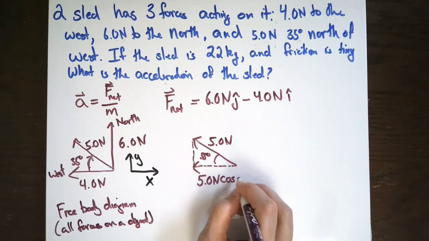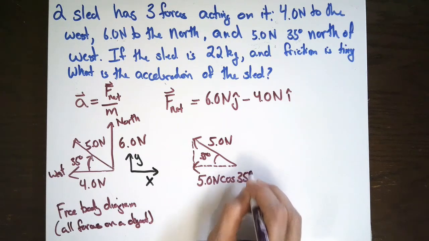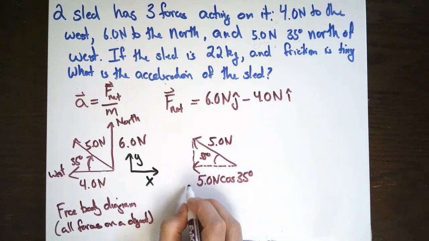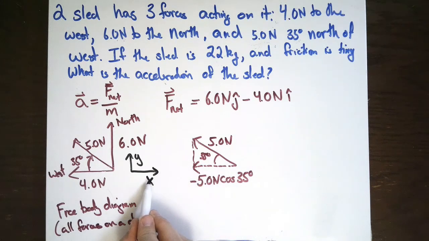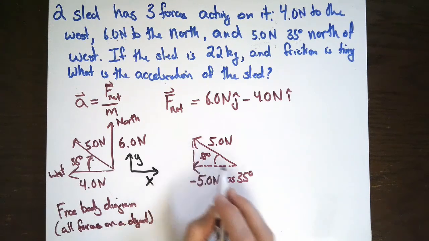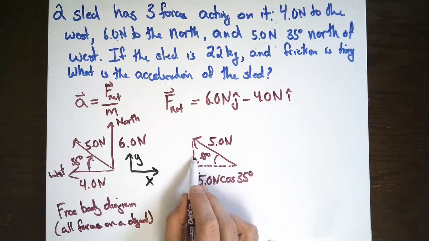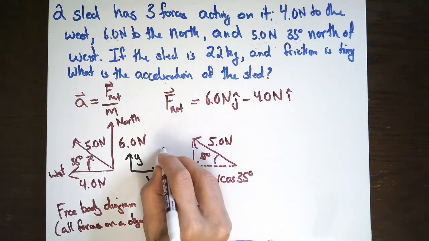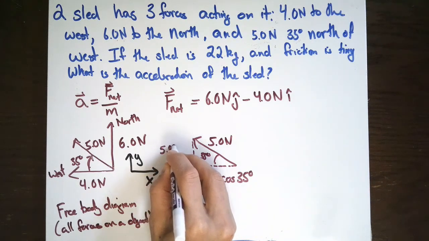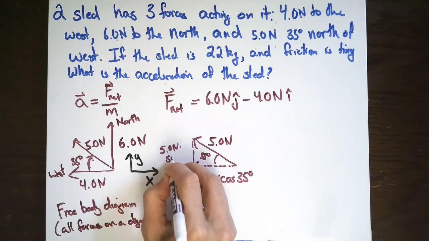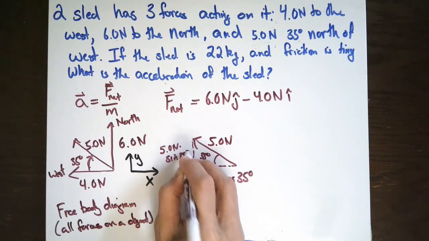So 5 newtons times the cosine of 35 degrees. And it'll also be negative, because it is heading in the negative x direction. And then this side here, that'll be opposite the angle, so that's the sine that we want. So it's 5 newtons times the sine of 35 degrees.